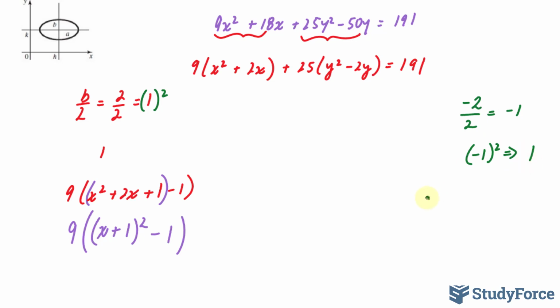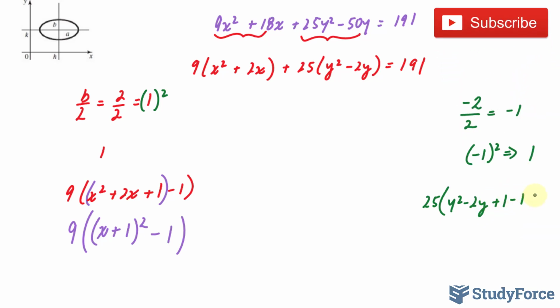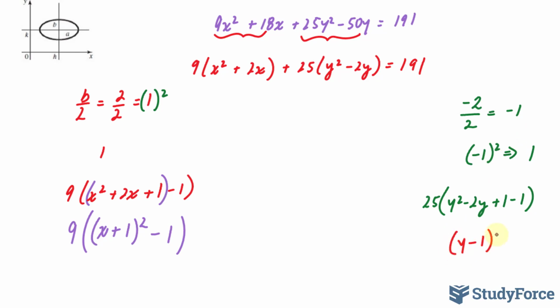So I have 25 bracket y squared minus 2y plus 1, this number, minus 1. Once again, I will factor these three terms, and they are a perfect square trinomial. This means that I can reduce this down into y minus 1 squared, and don't forget this minus 1 outside.